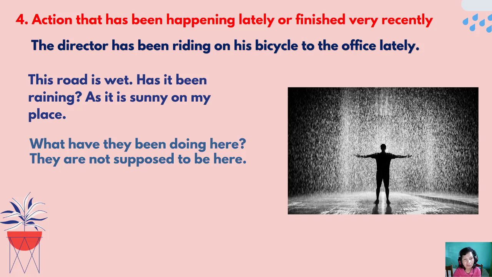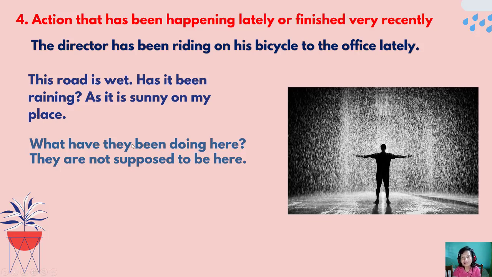So, what have they been doing here? They are not supposed to be here. What have they been doing here? Yeah, to show that we complain: they are not supposed to be here, but they are here, and they are doing something that maybe we don't want them to do. That's why we can use present perfect continuous. What have they been doing here?